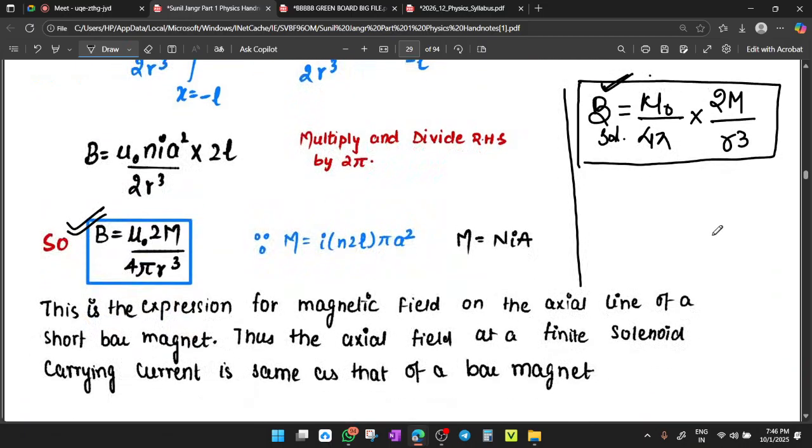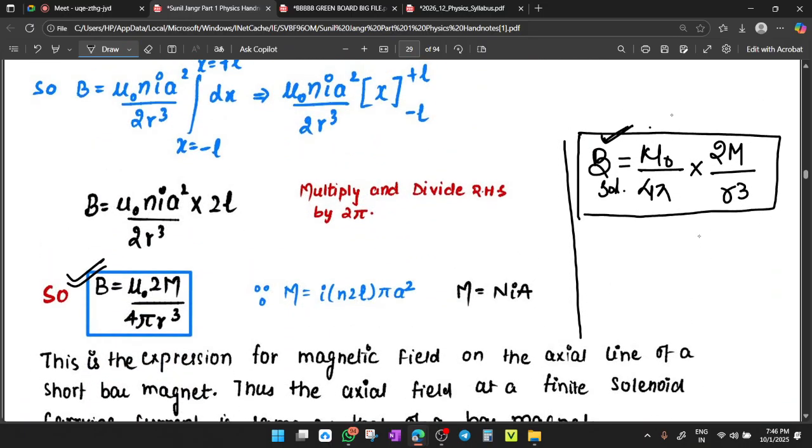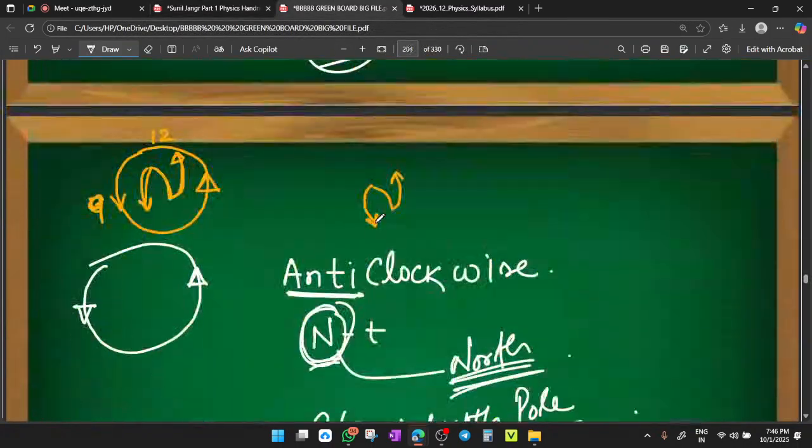Now, one more thing is there. We have seen magnetic dipole moment for what? We have seen magnetic dipole moment for a bar magnet. That was m into 2l, a small m into 2l. Look, we have two poles having different polarity but the same pole strength m.